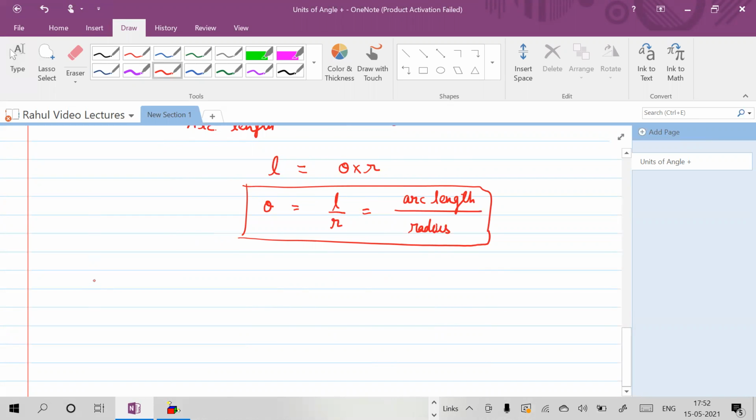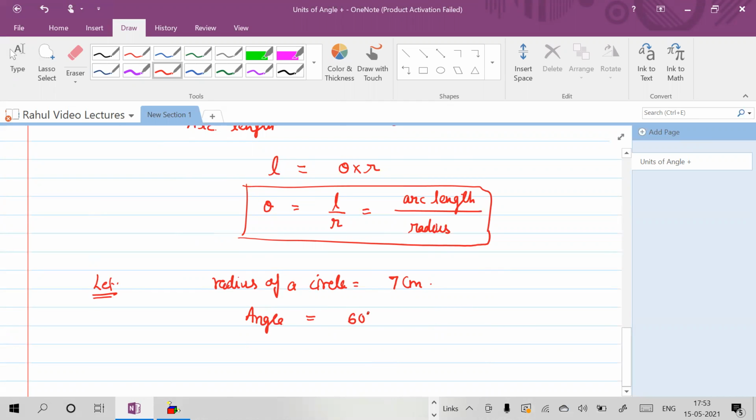Suppose let's take one example. If you know the radius of a circle is equal to 7 centimeter, and the angle is 60 degree.